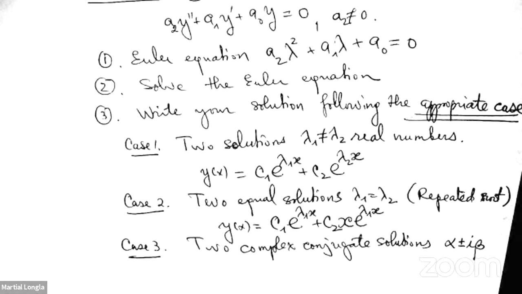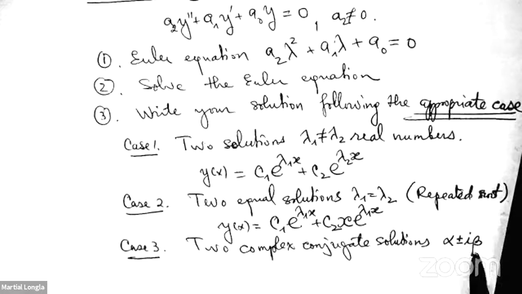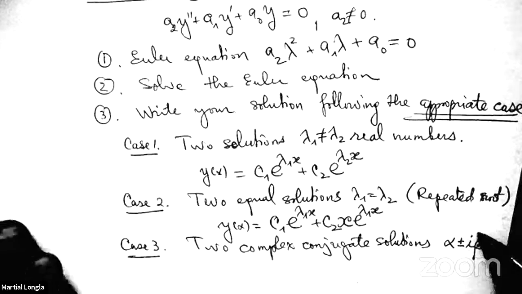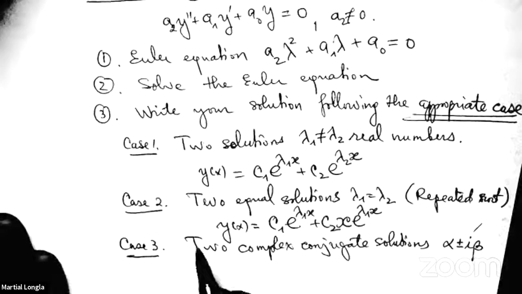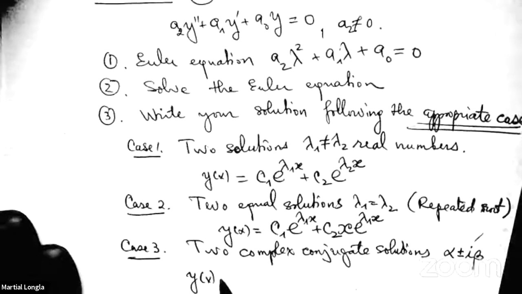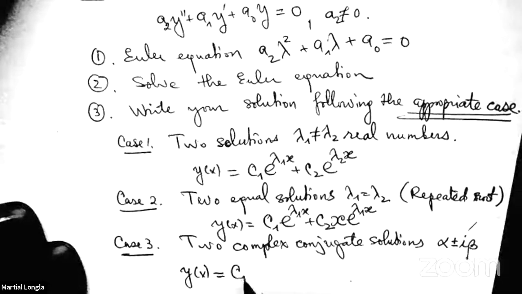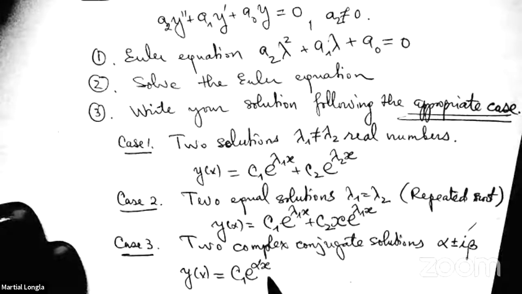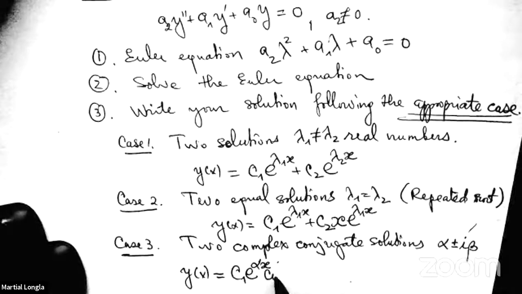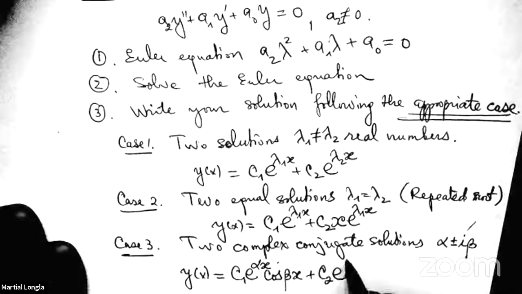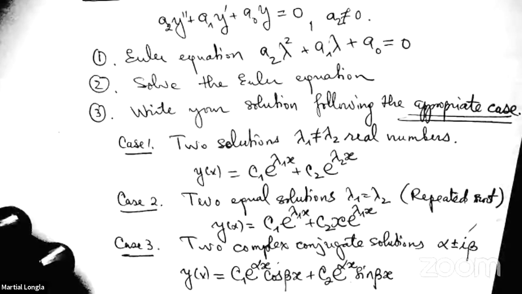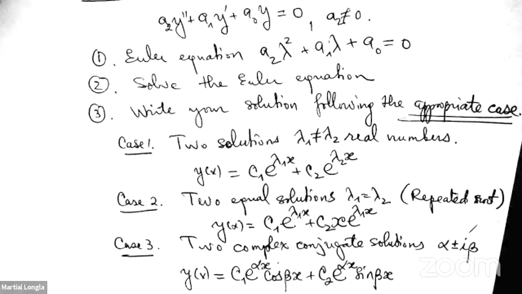If the two solutions of the equation are written as alpha plus minus i times beta, where this i is the imaginary unit, then your answer will be y of x equals c1 e to the alpha x cosine of beta x plus c2 e to the alpha x sine of beta x. That's the rule.